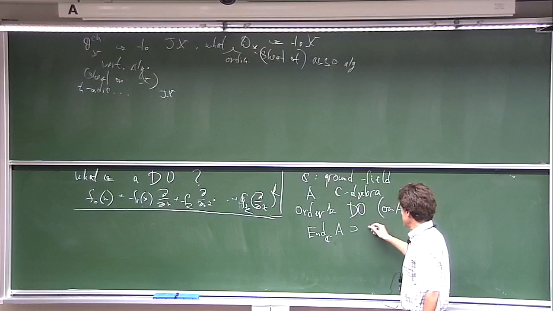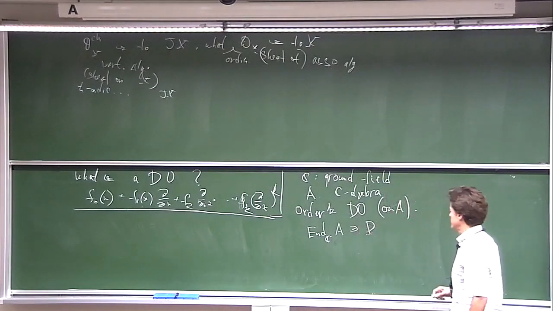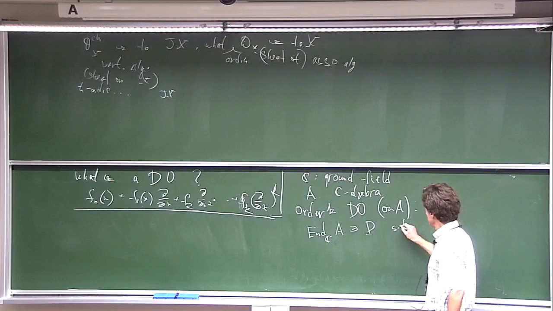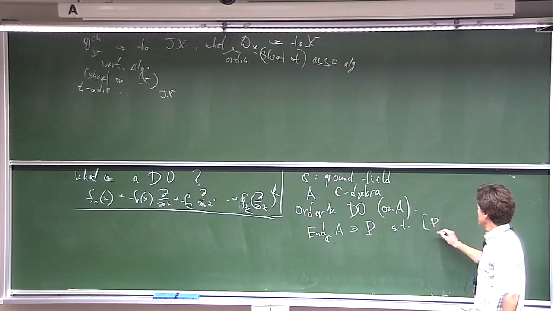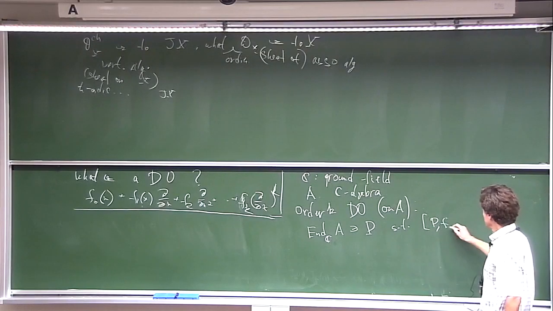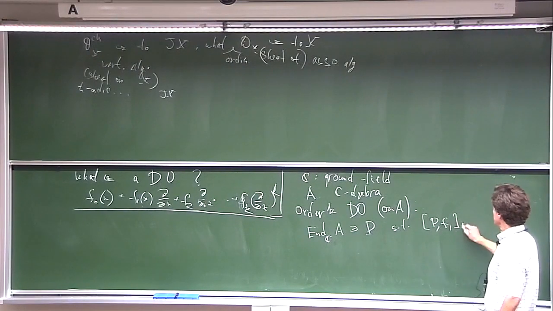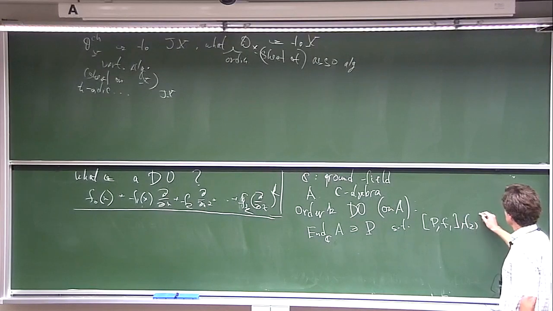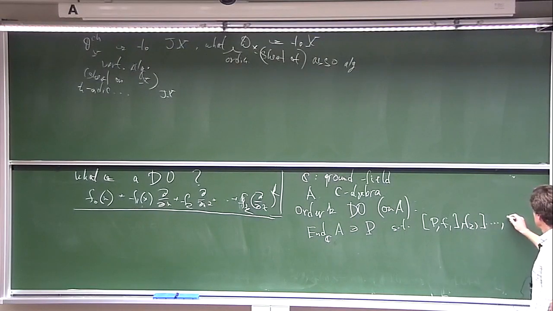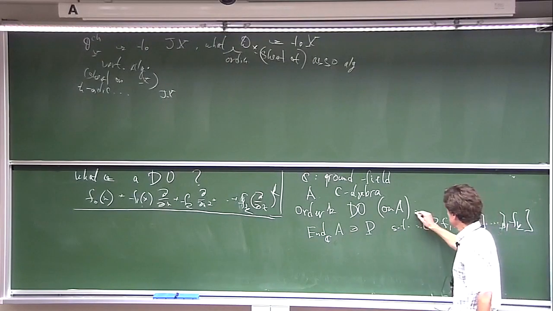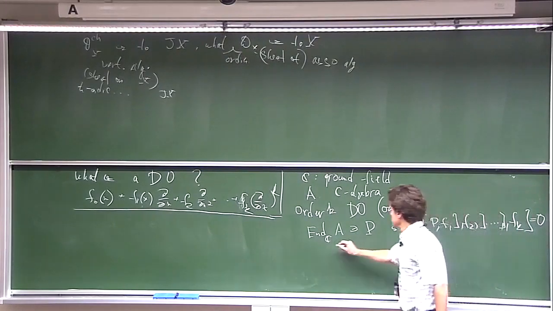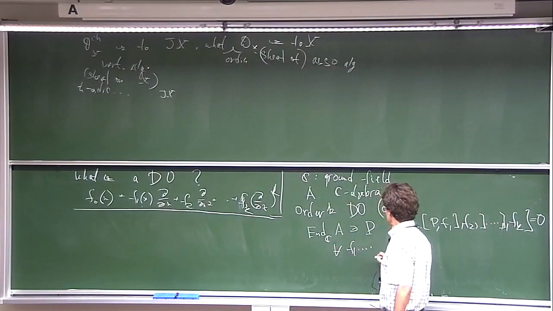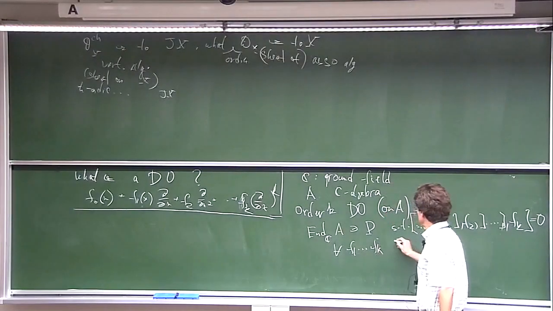An order k differential operator is an element of this algebra such that if you bracket it with arbitrary k elements of the ring, the result is 0. So for any f_1, ..., f_k elements of A.